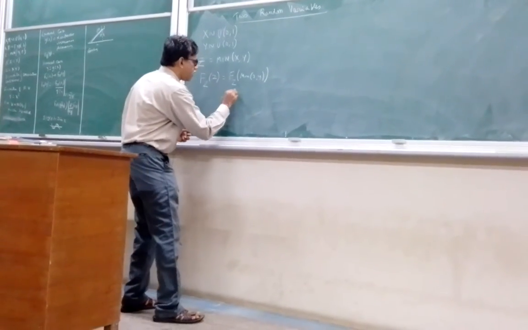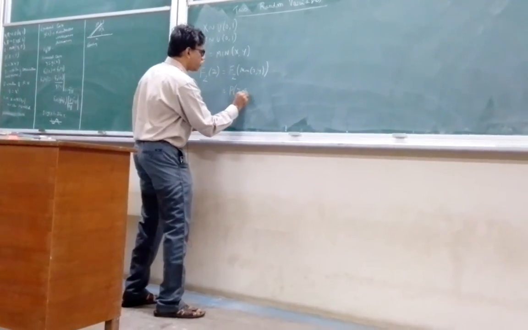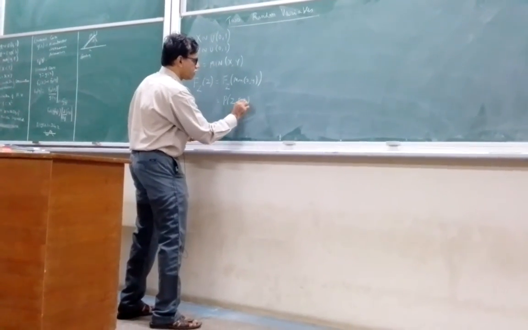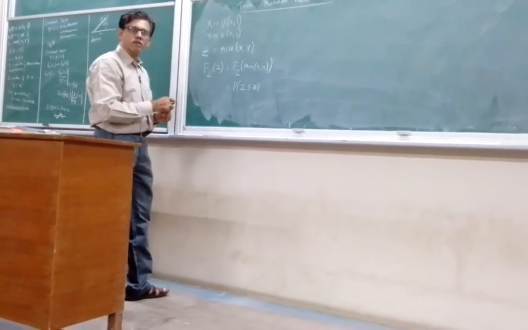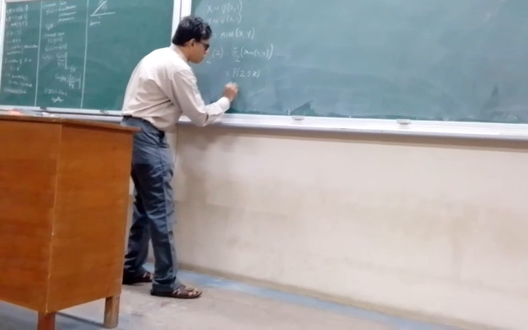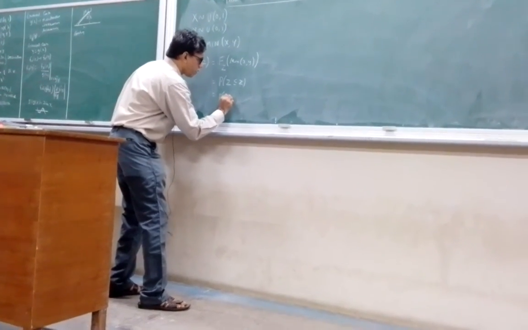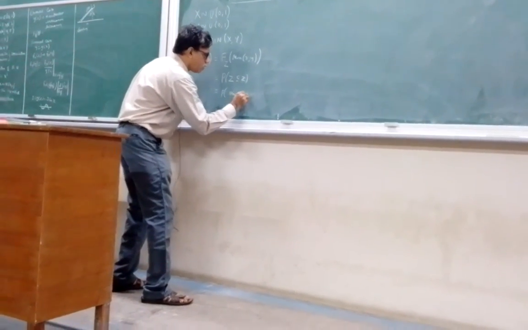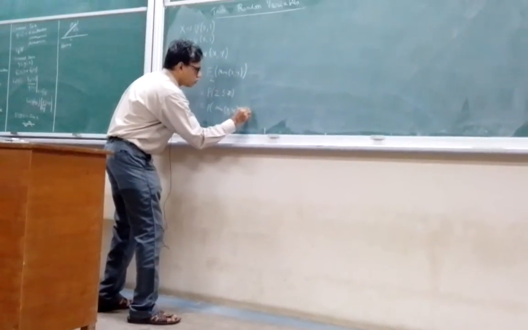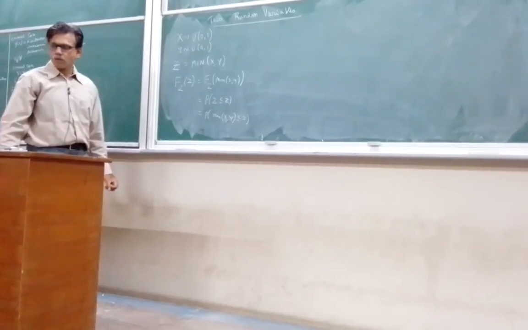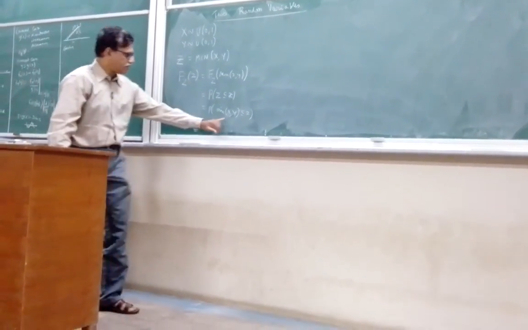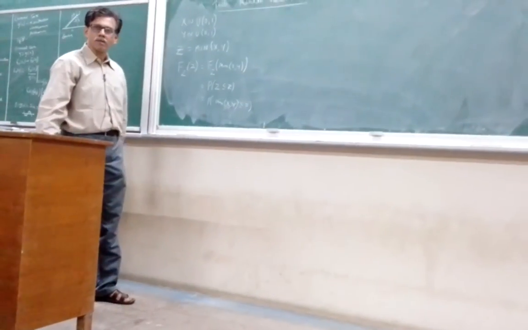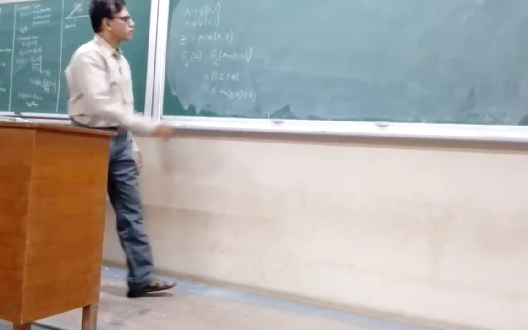That is, the probability that capital Z is less than or equal to some small z is what we are looking at. That is the probability that the minimum of X comma Y has to be less than or equal to z.